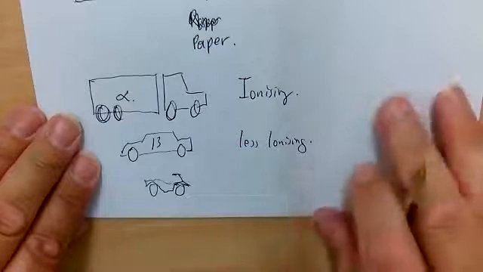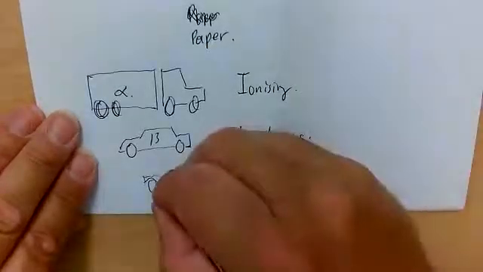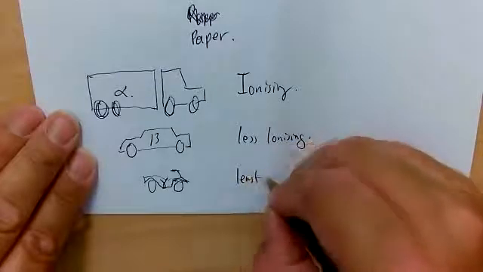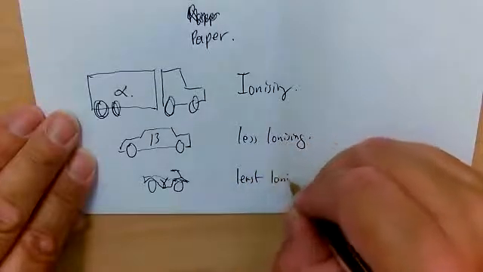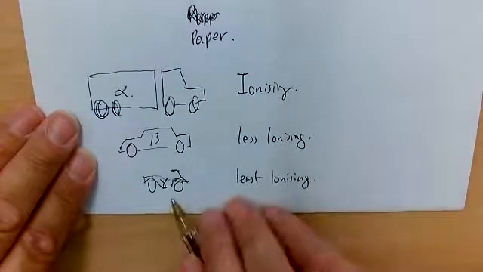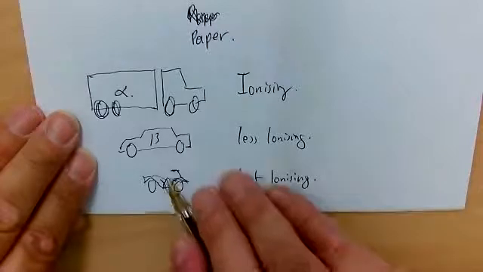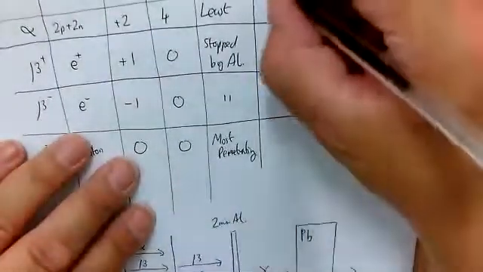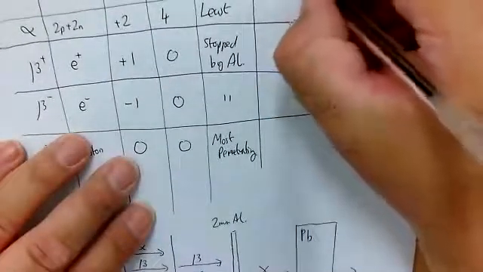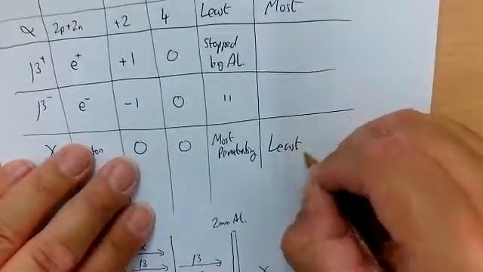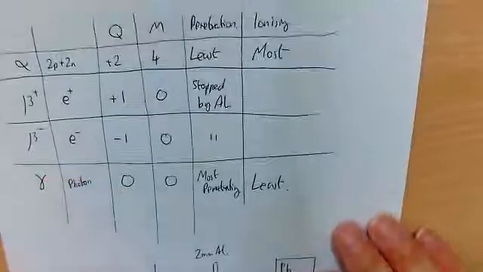It can sort of nip in and out of the traffic, but the gamma ray motorbike is the least ionizing. So as a result, the gamma ray can get through the traffic. The motorcycle can get through the traffic with the fewest interactions with anything. So it then tells us an order of ionization of atoms.